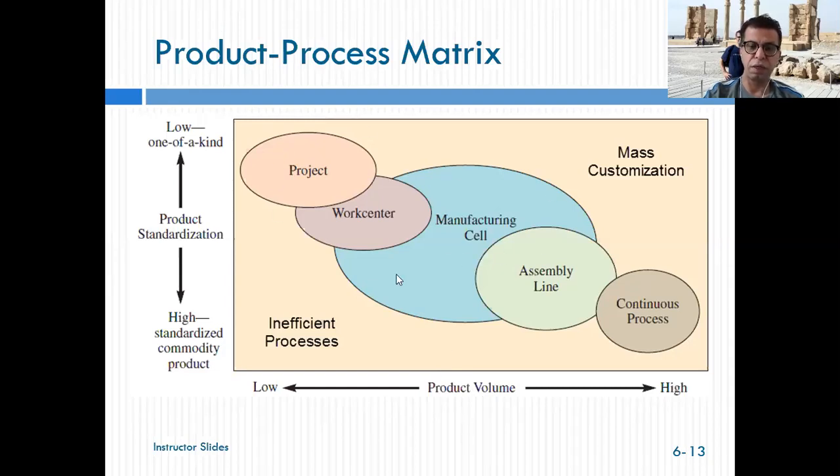So you need to look at where your product is: whether it's one of a kind, or a highly standardized commodity product, and whether the volume is high or low. That usually defines how the process is done.